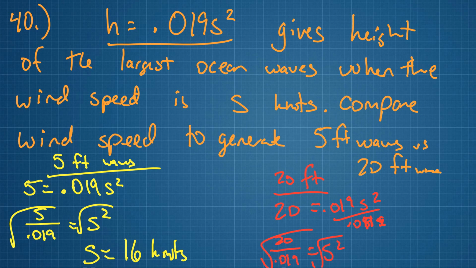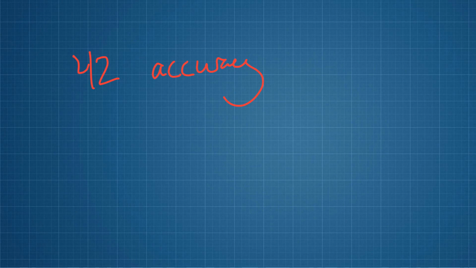I square root both sides. So my speed equals the square root of 20 over 0.019 in my calculator. And this time I got 32. So the speed doubles for the wind. The wind has to double in order for the waves to go from 5 feet to 20 feet. So it's a little bit tougher, but it's not too bad. 42 is accuracy. And that completes this assignment.